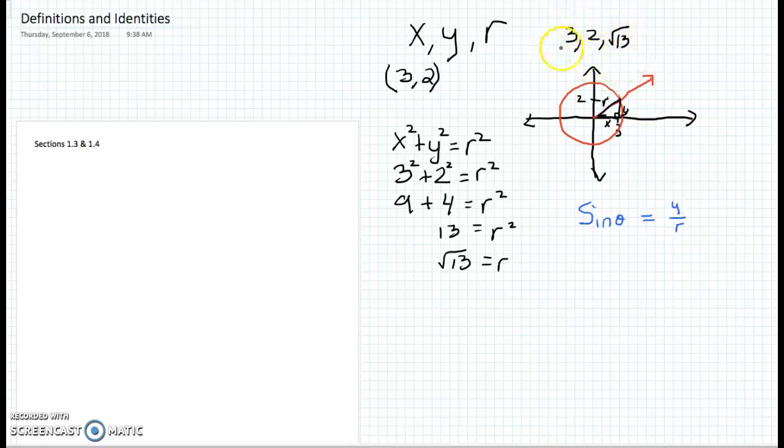Have a look at your list here and notice that your y is 2. So just go ahead and replace the y with a 2, and the r is the square root of 13. Okay, so this is the value of sine of theta. This function is never written without theta, by the way, and so you just say sine of theta equals 2 over the square root of 13.